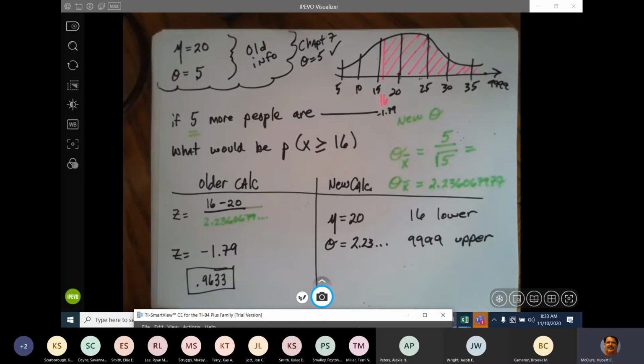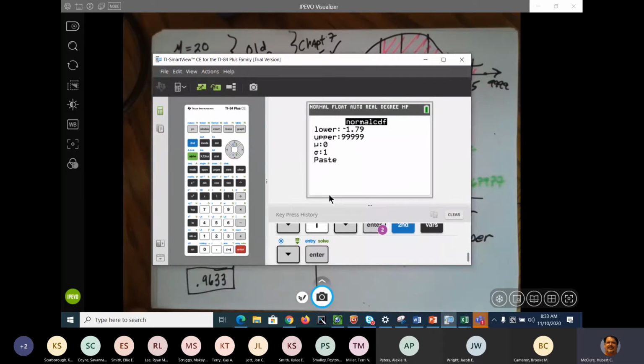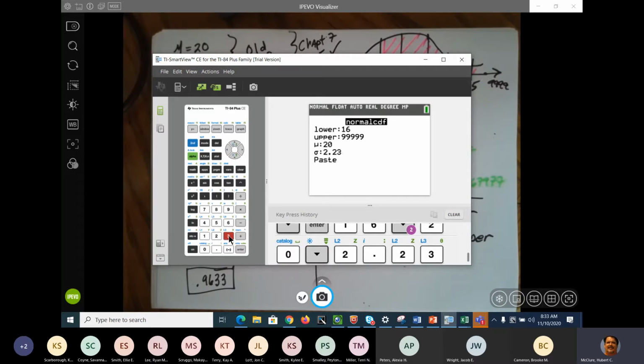So my lower is going to change to 16, my mu is 20, and my standard deviation is 2.23607.